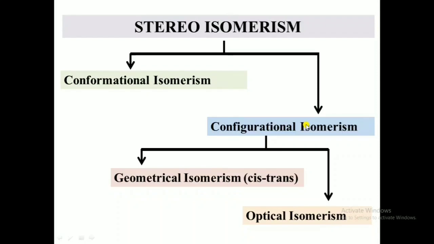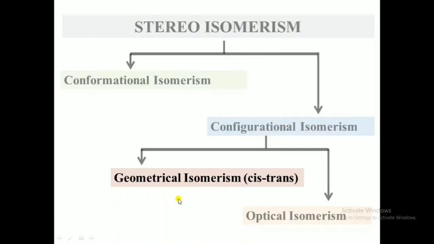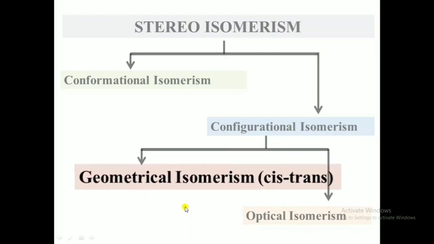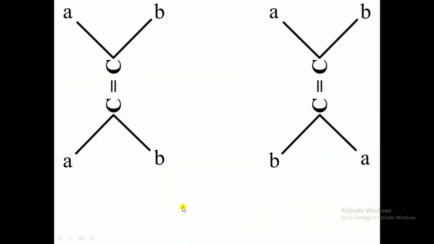So the configurational isomerism is further classified into geometrical isomerism and optical isomerism. In this lecture, we will see what geometrical isomerism is. Consider a carbon-carbon double bond, and carbon has a valency of 4, and 2 of its valencies are satisfied when it forms a double bond.